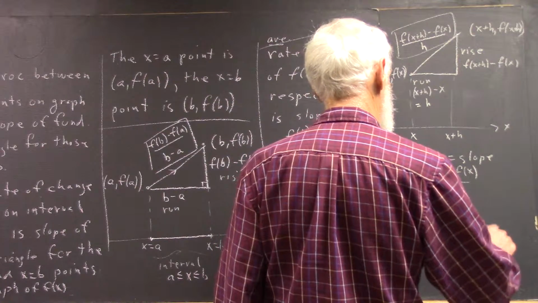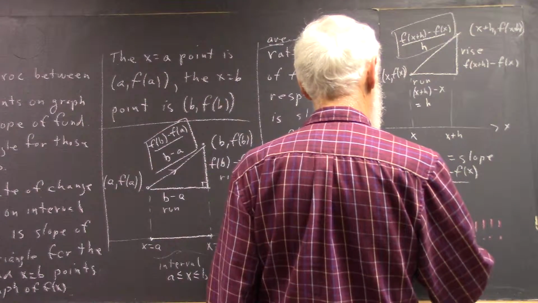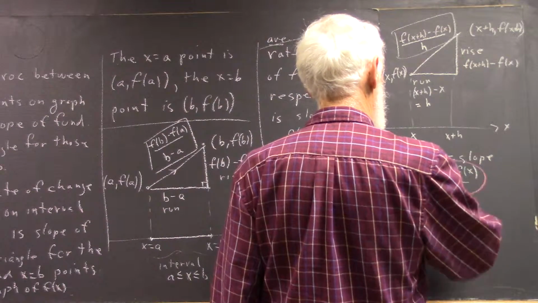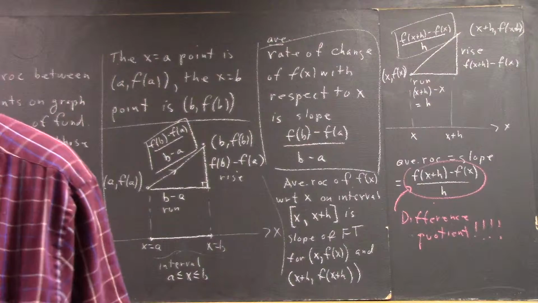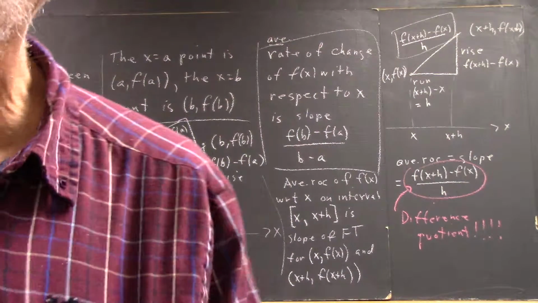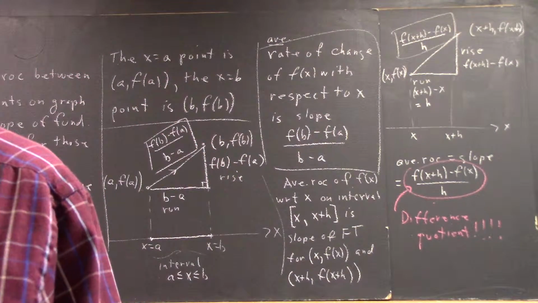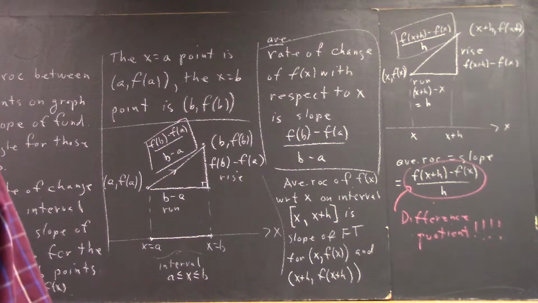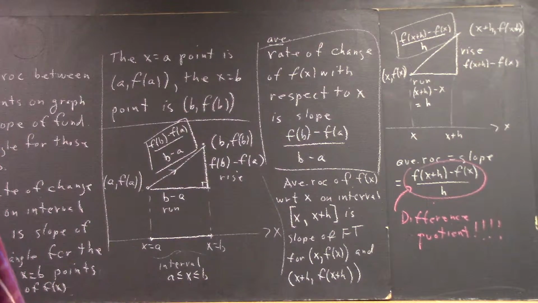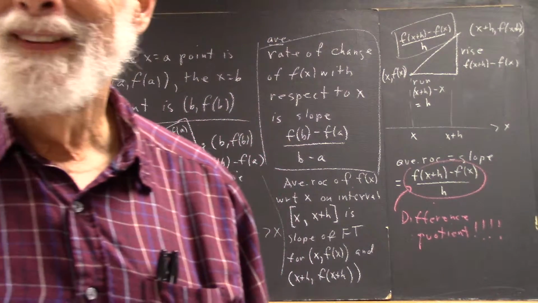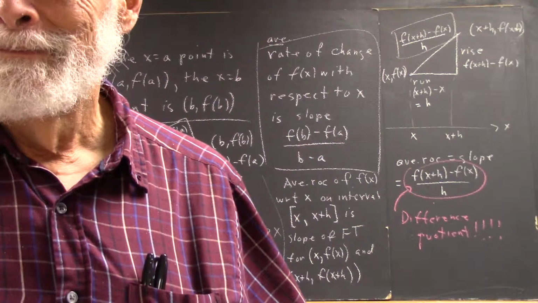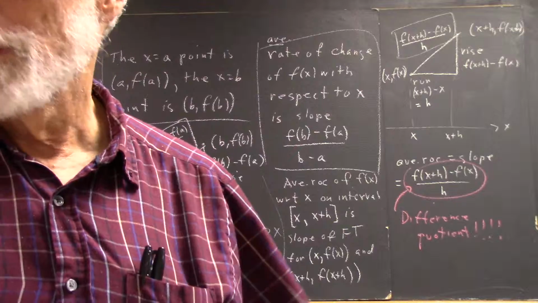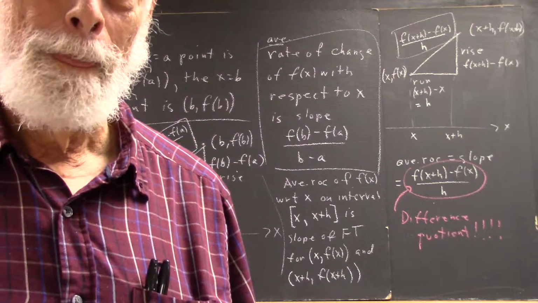Oh, I get it. Difference quotient. That's what we mean by the difference quotient. So if you look at the third to the last problem on the assignment I'm going to give you Thursday, you know how to do it. That's the difference quotient.